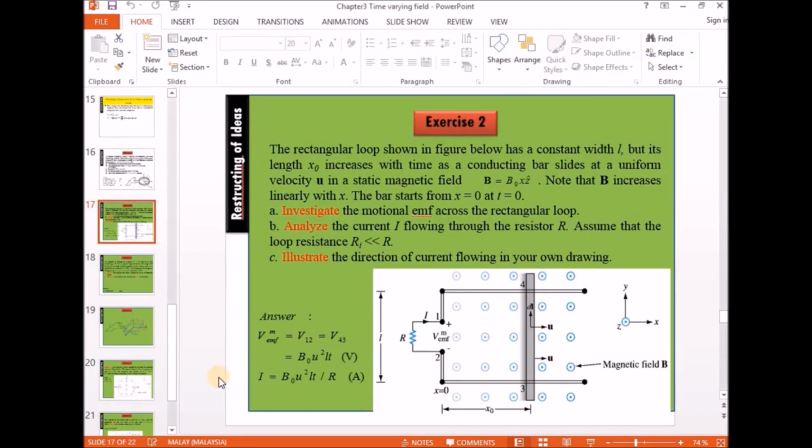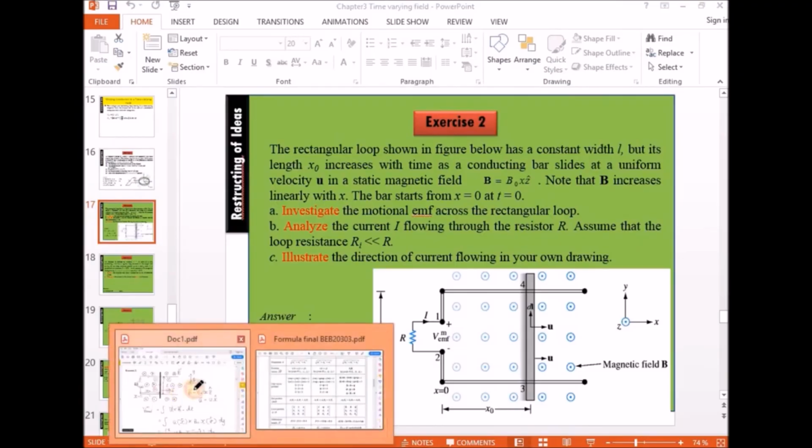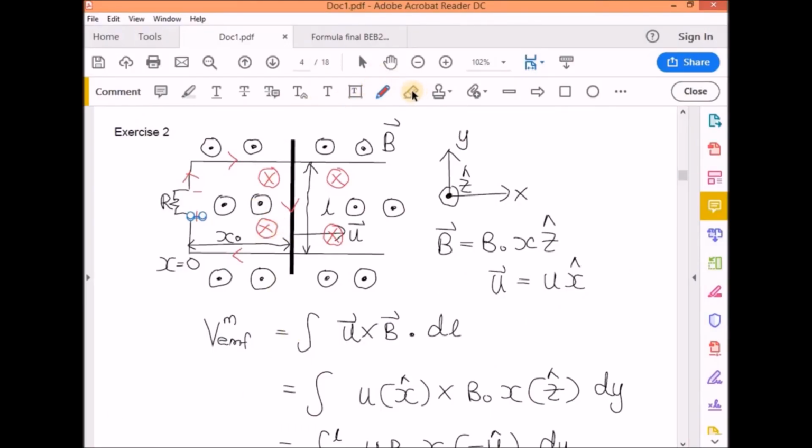I think it's from negative and positive. Yes, so this one is correct. This one is positive, and this one is negative, like a slide.